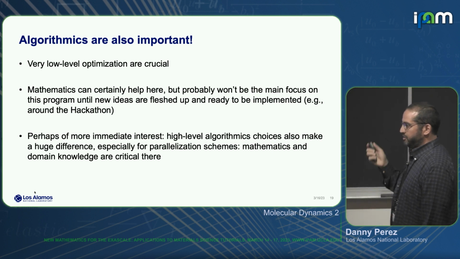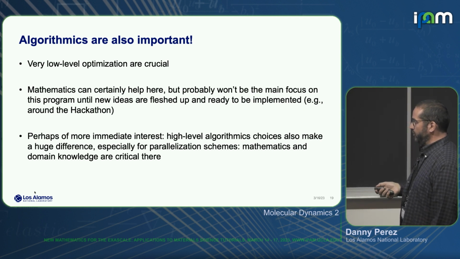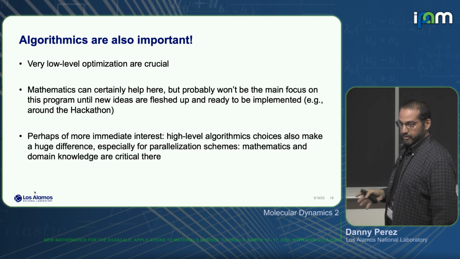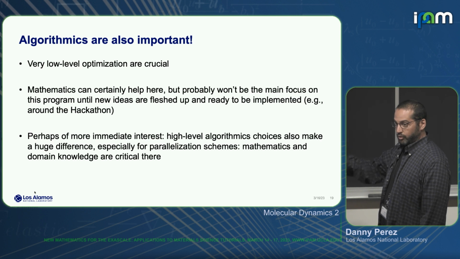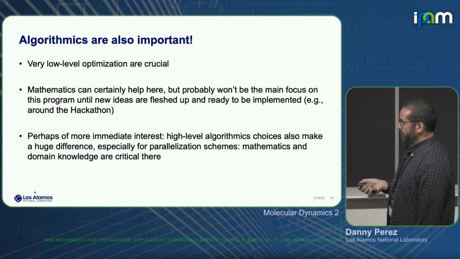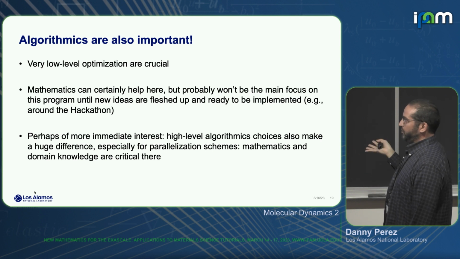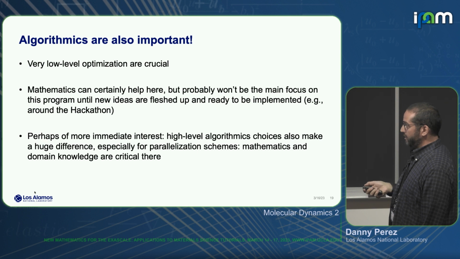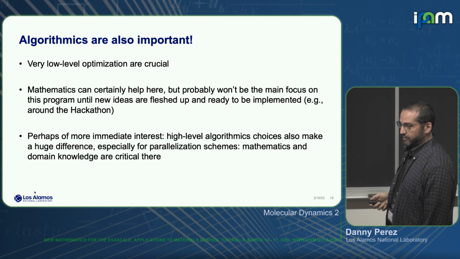And so what we're more interested in, I think, as a community, is to first think about higher-level algorithms of how we can exploit these machines, but keeping in mind that they will need to run at some point on an efficient machine. And then once our ideas are fleshed out, we can reach out to experts like Evan and Rahul to help us. And the hackathon is kind of here for that, right?